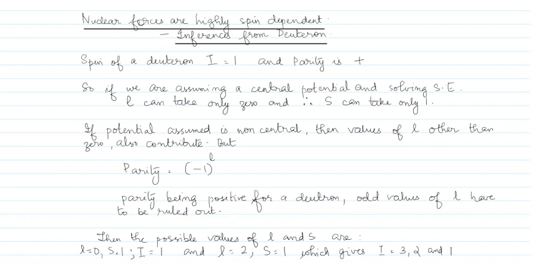And therefore S can take only the value 1, because I is a resultant of L and S, and I is already 1. So when L is 0, there is only one possibility for S, that it can take the value 1.